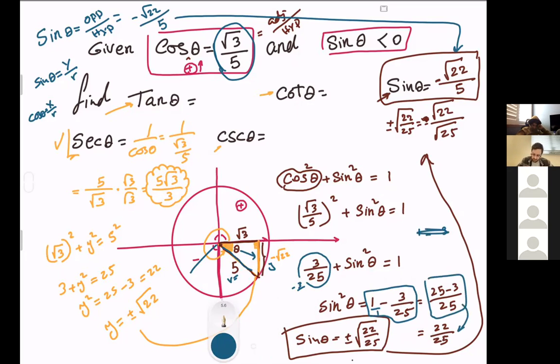And another question. Say the given was like radical 3 over 5 and we're solving for the rest. Do sine and cosine use the same formula? Yeah. Again, there are two different ways.